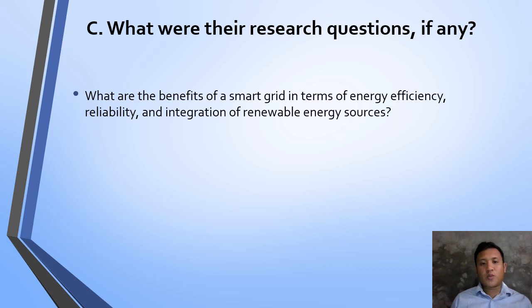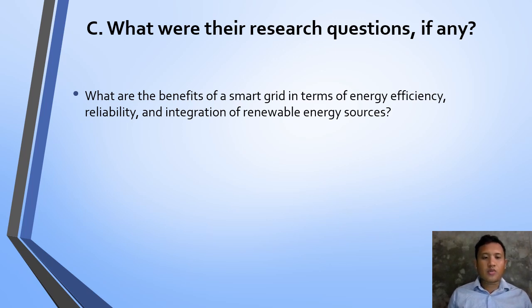Okay, so let's proceed. Letter C, what were the research questions, if any? As I was reading this paper, I have come up with three research questions. Actually, not direct questions, since it's only a secondary paper, but I have come up with these three.